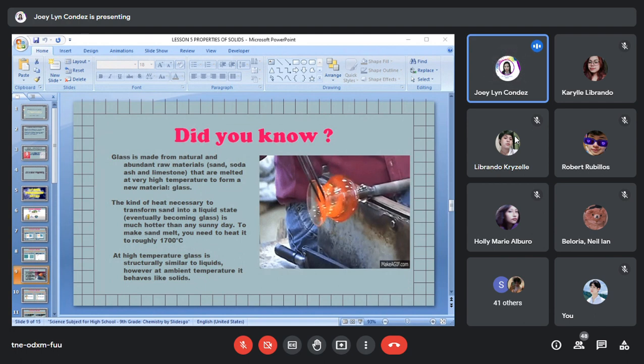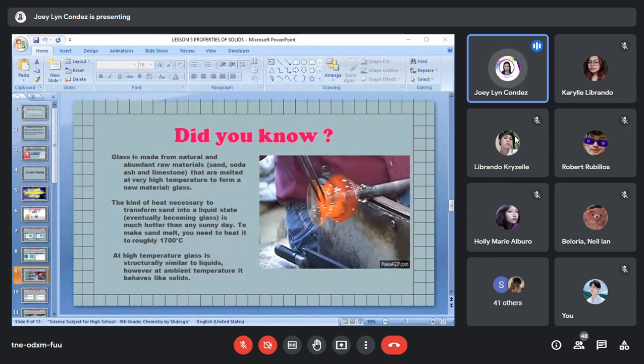The heat needed to melt these materials is 1700 degrees Celsius. That's the melting point of the sand to change it into glass. At high temperature, glass is structurally similar to liquids.